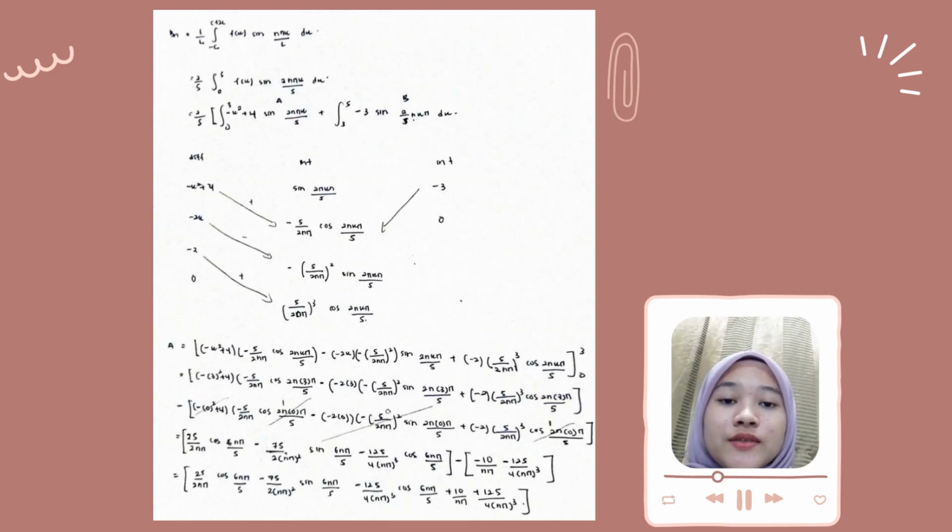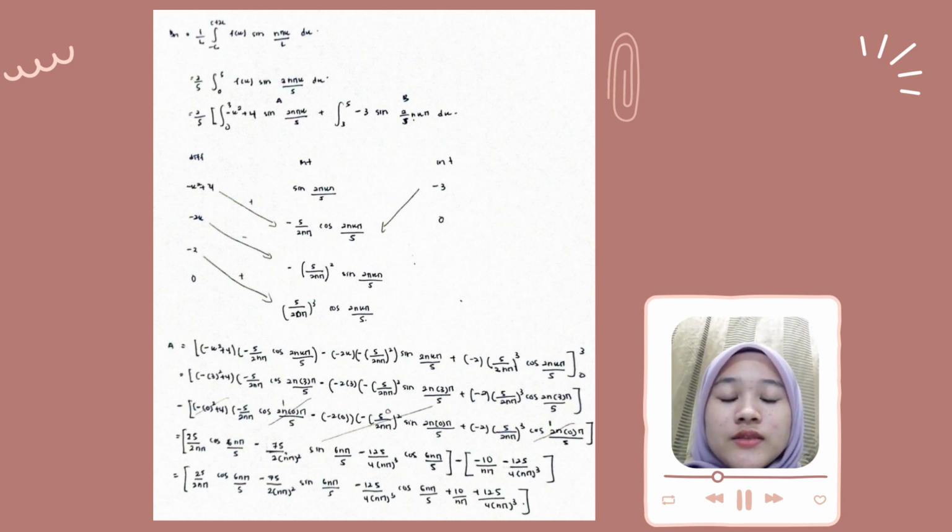Okay, next we have to find the Bn with the formula 1/L integrate from -c to c plus 2l of f(x) sin(n pi x/L) dx. Then we have to do the tabular method because in the function we have two variables of x.